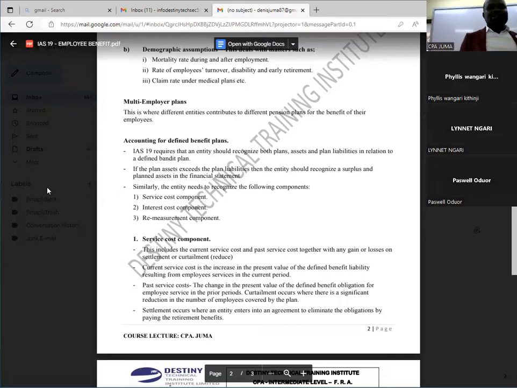So if the plan assets exceed the plan liabilities, that means you have contributed more than what they wanted you to settle, then the entity should recognize a surplus and a plan asset in the financial statements. Similarly, the entity needs to recognize the following components: service cost component, interest cost component, and remeasurement components.